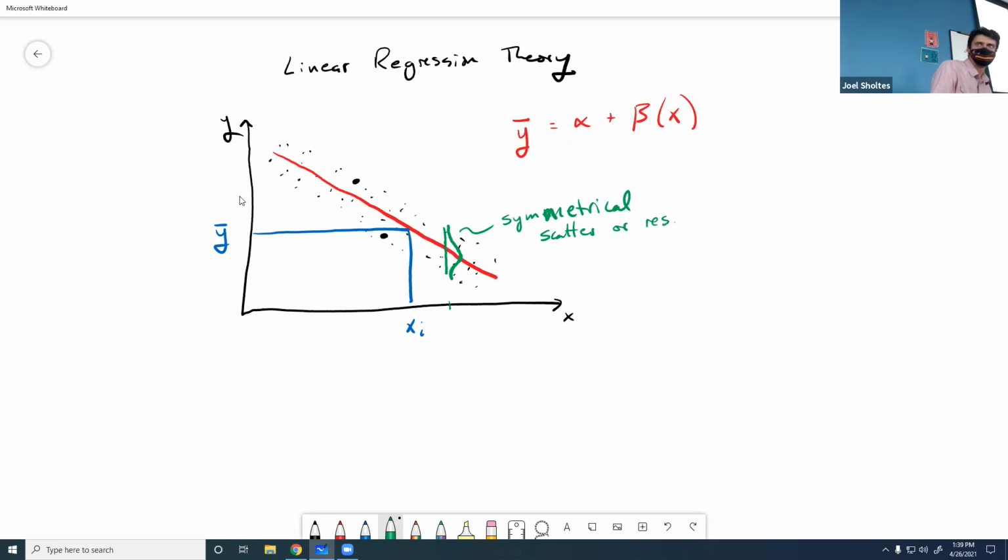Also known as residuals. So residuals are the difference between an individual data point and that line. This is what we'll call the residual error, and that's evaluated for an individual data point.